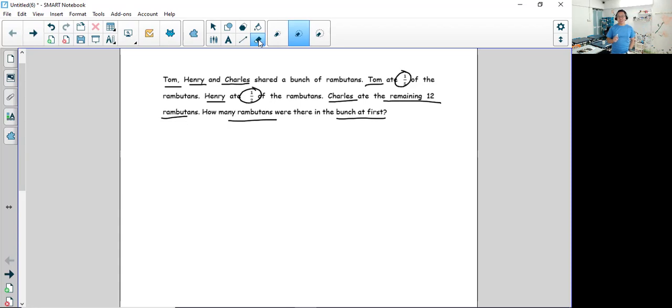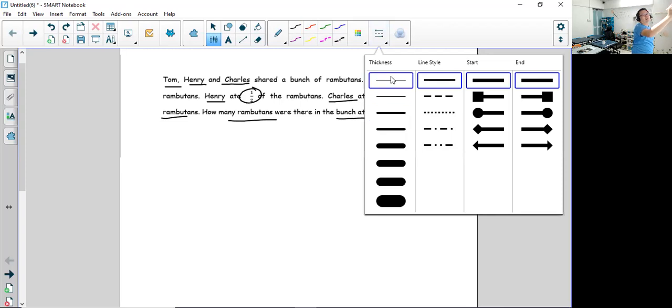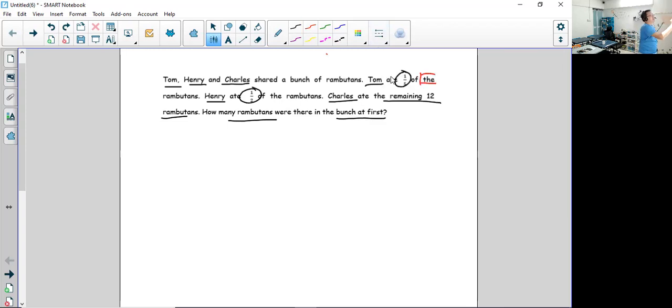So what is the fraction talking about? 1/5 is talking about what? You look at the "of" and see what's behind the "of". You can see the rambutans. So this 1/5 is talking about the rambutans. And the second fraction, what is it talking about? Look at the "of" again. What's behind the "of"? The rambutans. So are they talking about the same group?